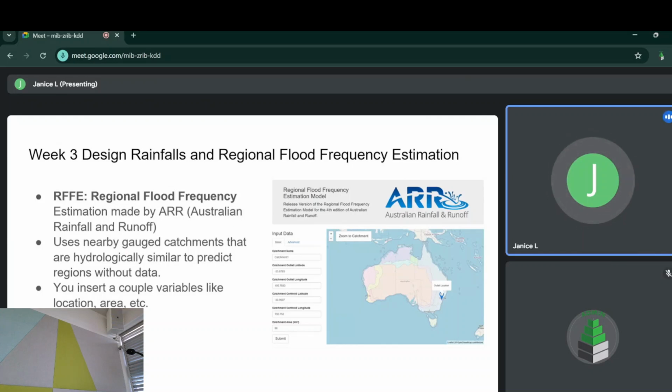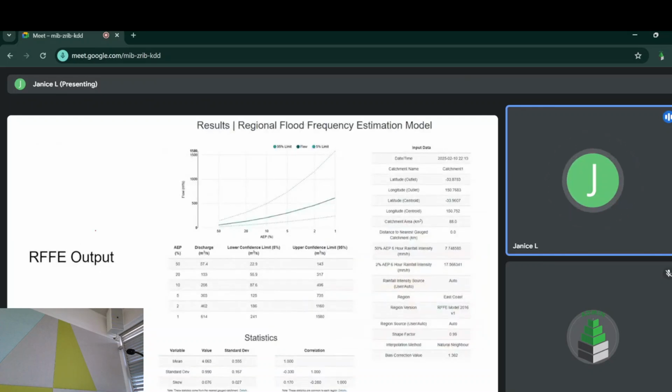So this is one of the attempts I've done, and this is just a screenshot. Catchment, then latitude, longitude, and then you have the area of the catchment as well. Submit it all, and it should output something like this. Yep, you've got the date and time, everything that's requested, and then all this information.